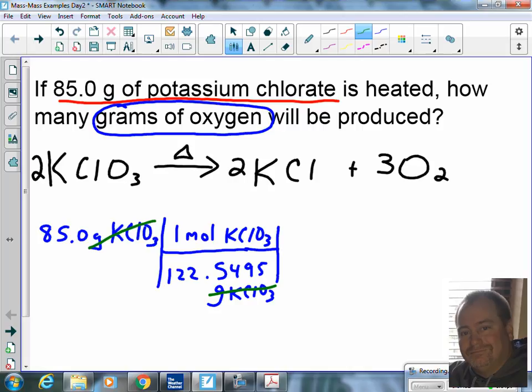Ethan, I know you weren't here yesterday, but what's the next step? Moles of known to moles of unknown using the molar ratio. Well, mole of known was KClO3 in my balanced equation. Okay? What is the number associated with that? 2. 2 moles of KClO3. What was my unknown?